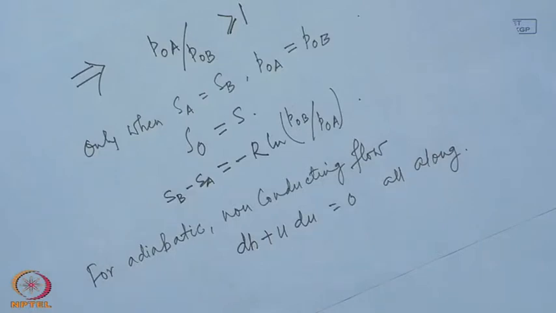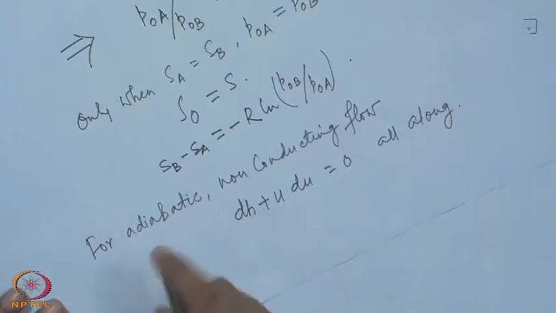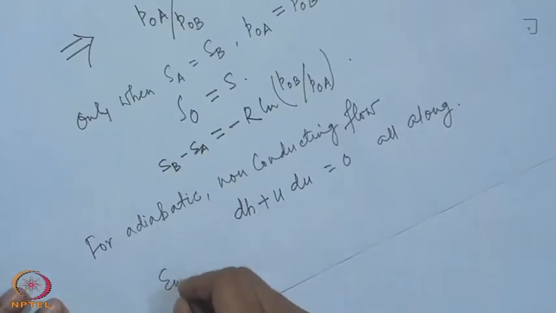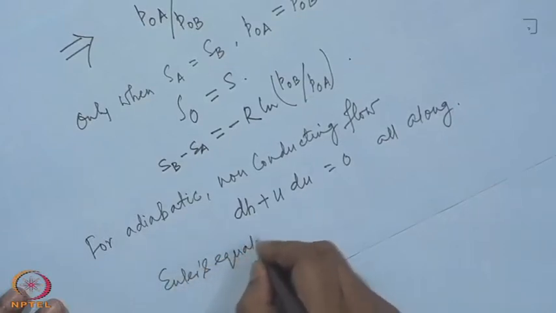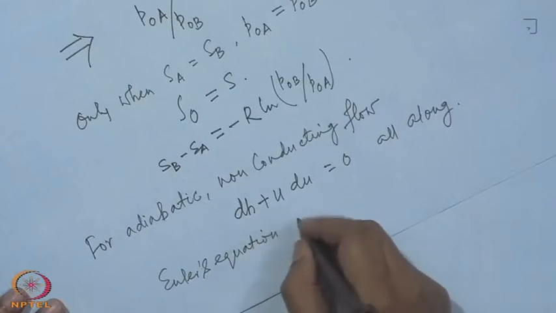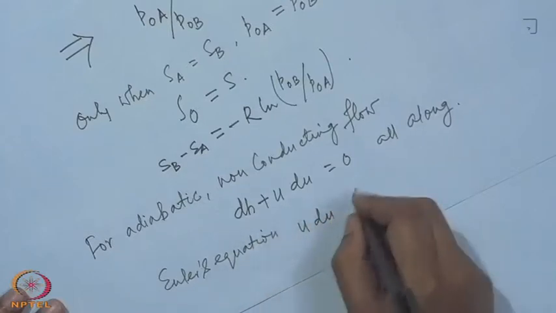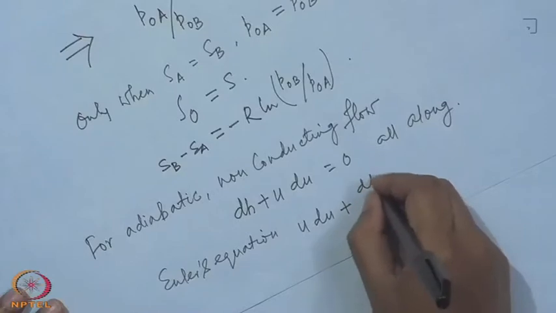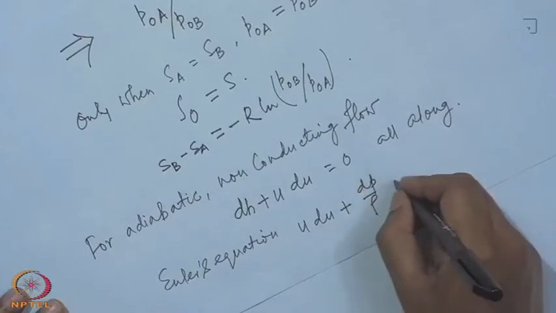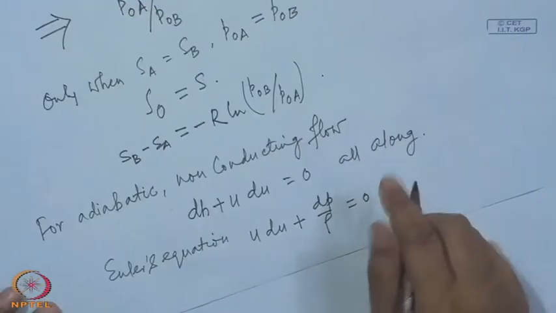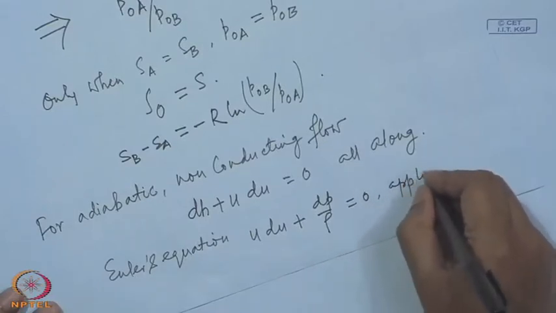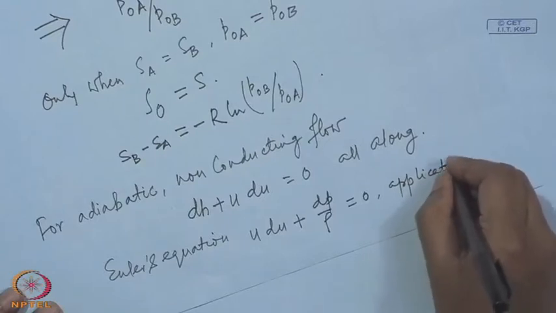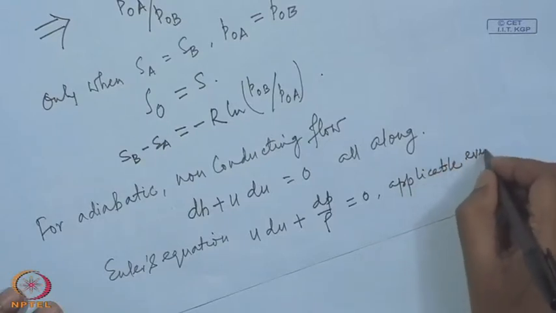Similarly, we have seen that in the absence of viscous or friction forces, the Euler's equation, u du plus dp by rho equal to 0, is applicable everywhere.